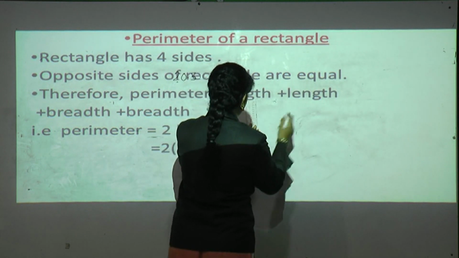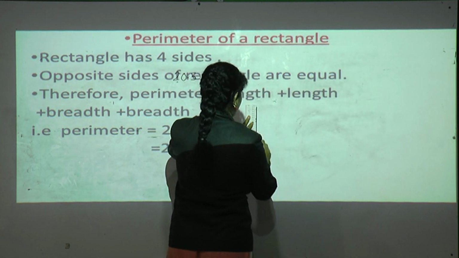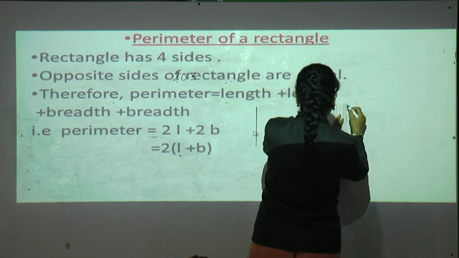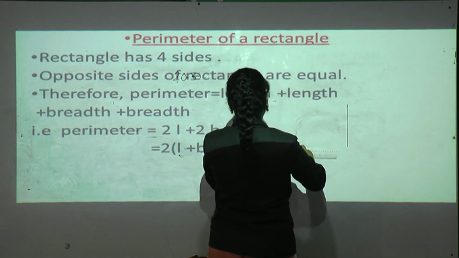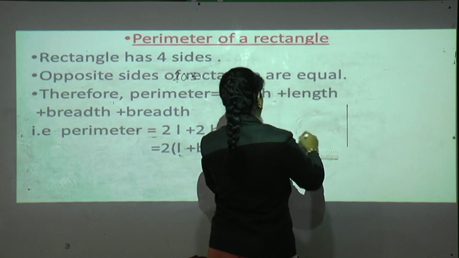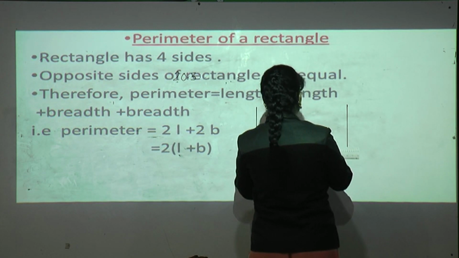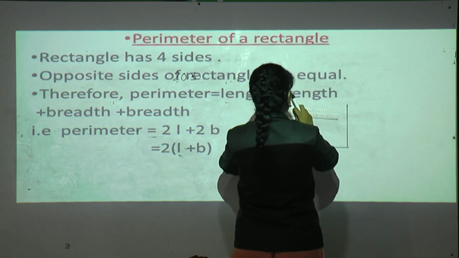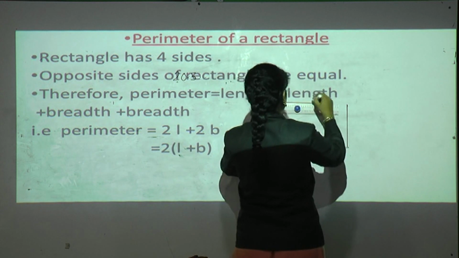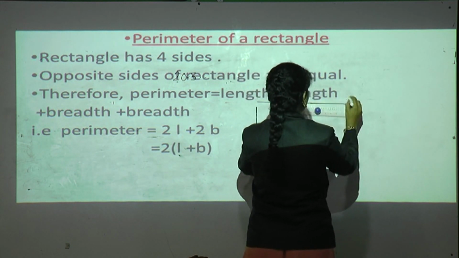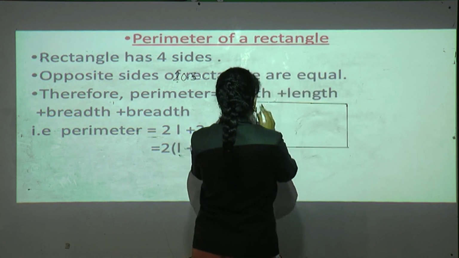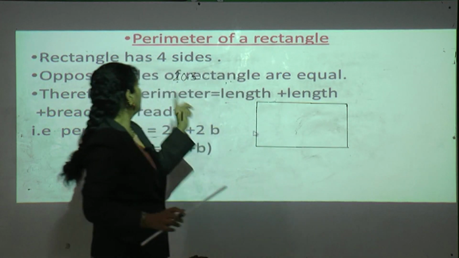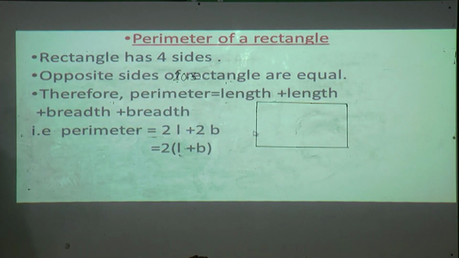This one is a rectangle. Here you know that opposite sides of a rectangle are equal in length, and they are parallel to each other. Opposite sides of a rectangle are equal.